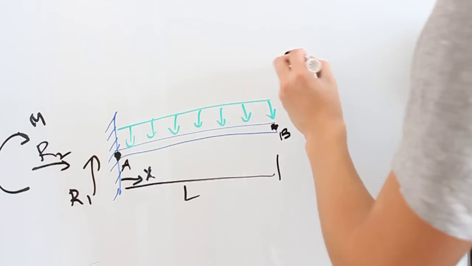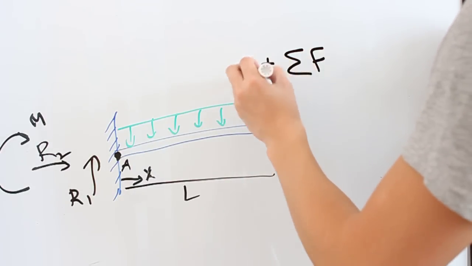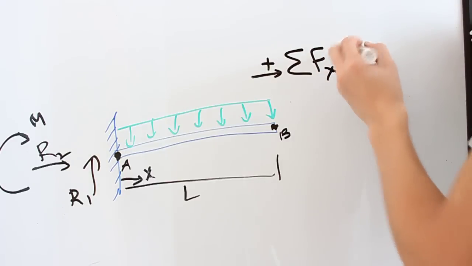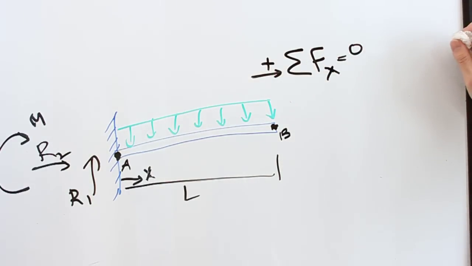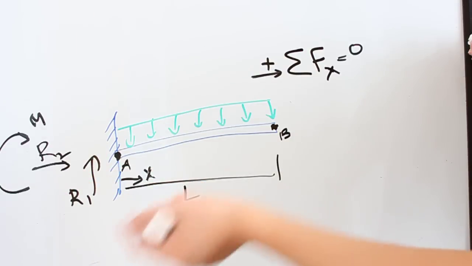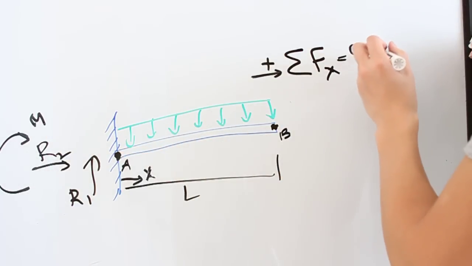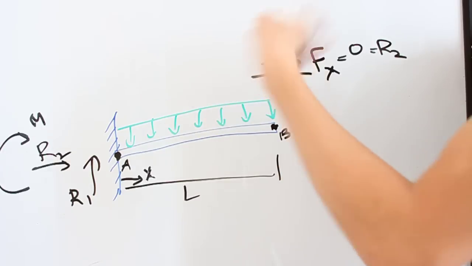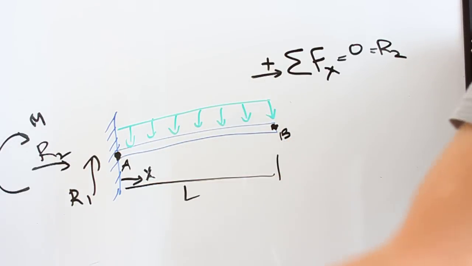So first we have in the horizontal direction, the net force is equal to 0. And that means that the only horizontal force we have in this situation is R2. So quite intuitively, if there's no forces on this beam in the horizontal direction, the wall is not going to have to give you any reactionary force. So R2 equals 0.